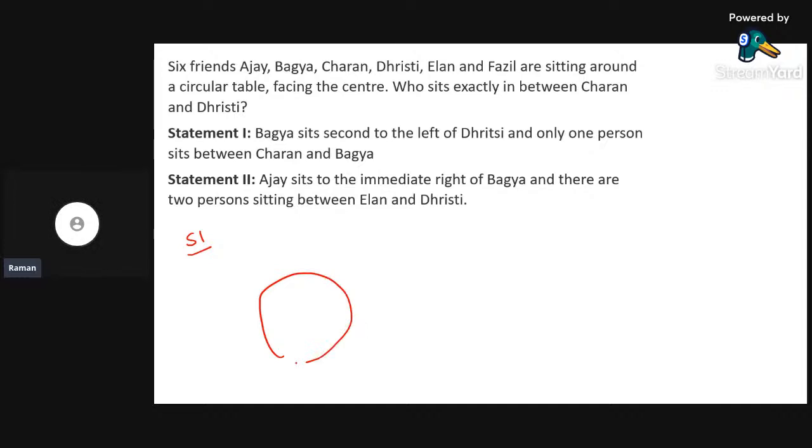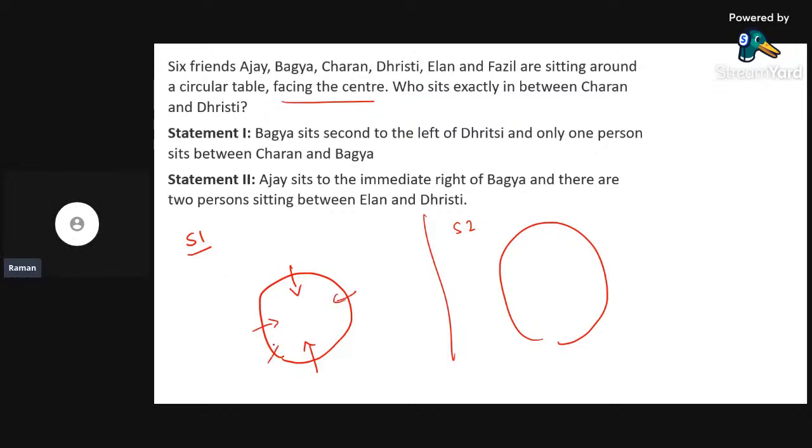Statement one says everyone is facing the center, so that information is also given. Okay, let's go with the first statement.